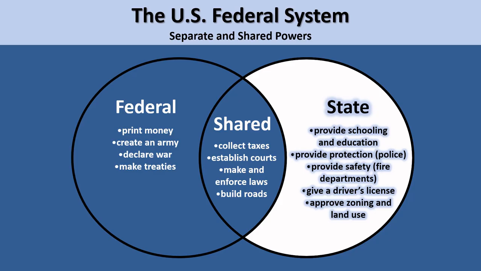Each state is also responsible for maintaining a police force to provide protection for state residents and visitors. State governments are involved in setting up and maintaining the fire departments that respond to emergency calls to provide safety from gas leaks, house fires, and other dangerous situations.